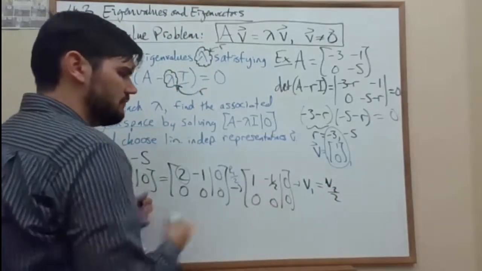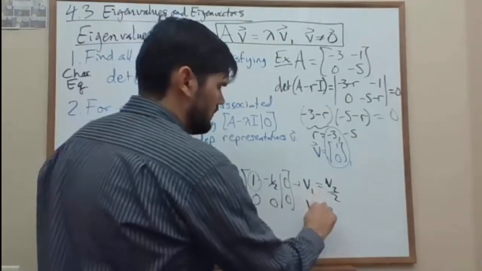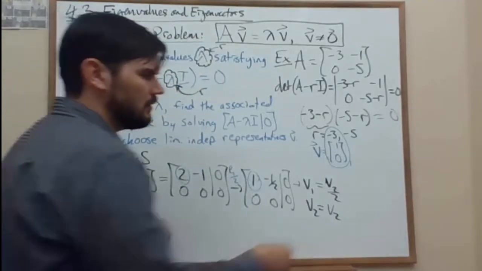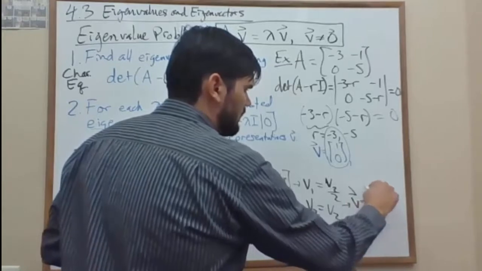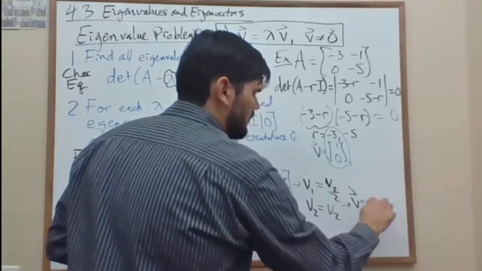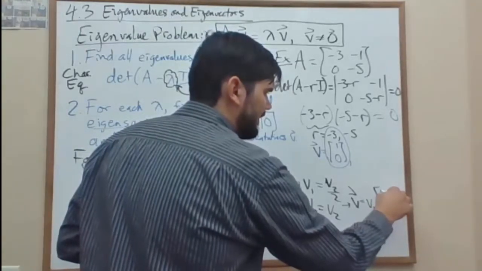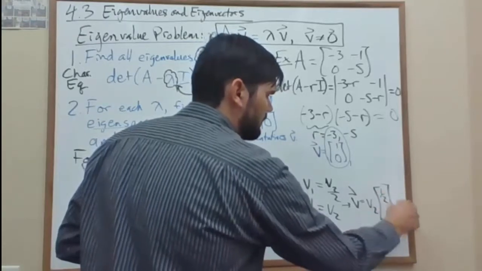And v2 has no pivot, so it's free, v2 equals v2. If we write that as a system, our v is equal to v2, the free variable, multiplying the vector (1/2, 1).